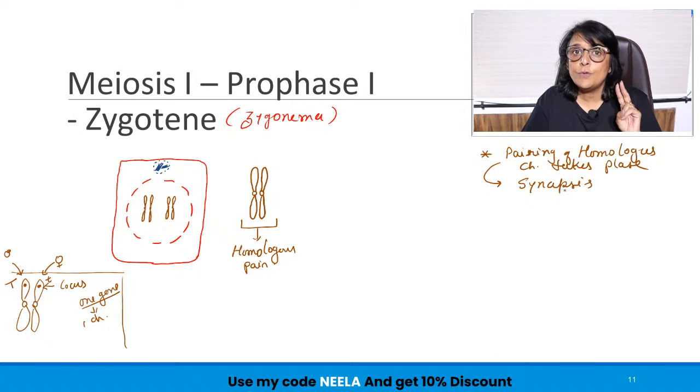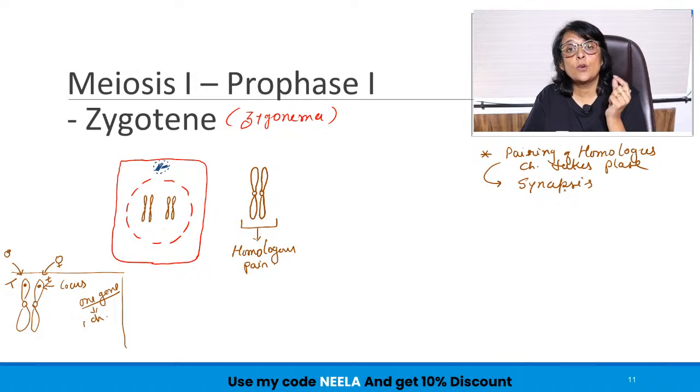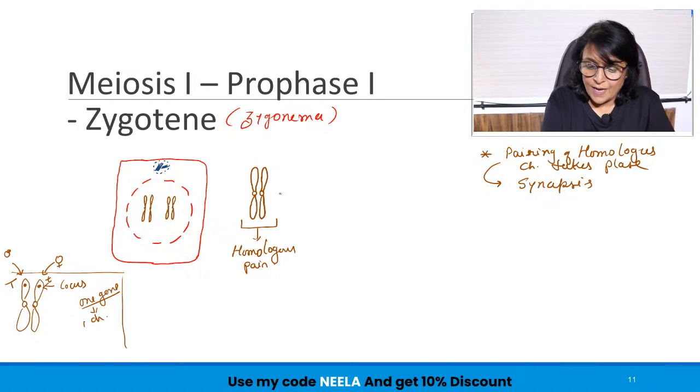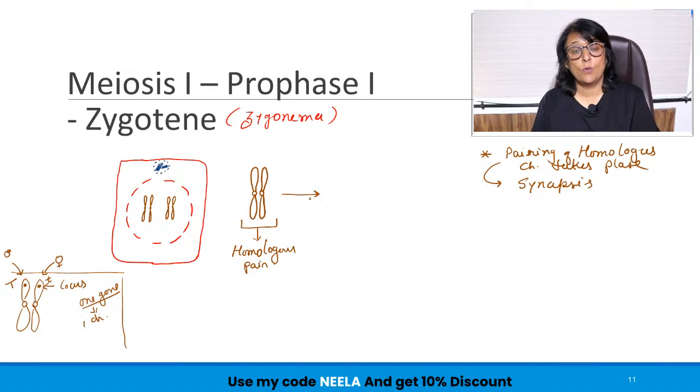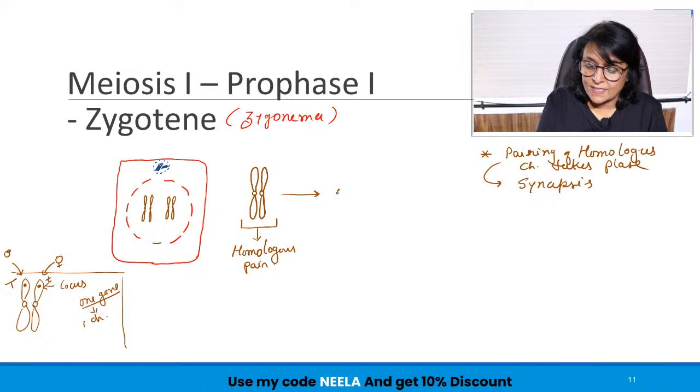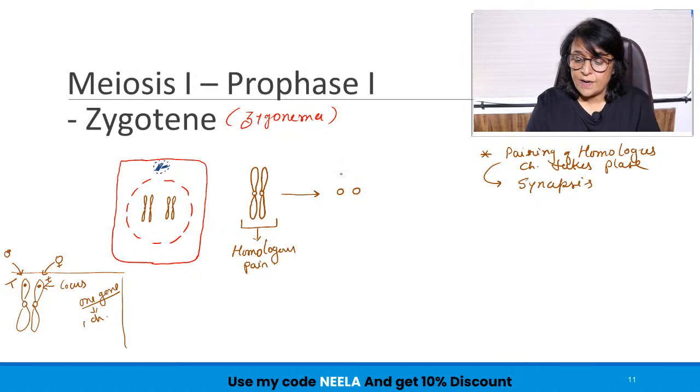We have to remember that every chromosome has double DNA, or in other words, every chromosome has two sister chromatids. So now what is going to be visible to us? Let us make this diagram a little bigger and in more detail.